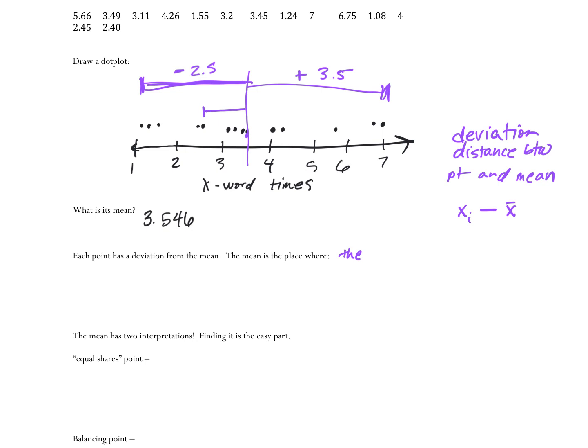So the mean is the place where the deviations add to 0, or the balancing point. And really when we call it the balancing point, like Dylan said, that balancing point is because the deviations add to 0.